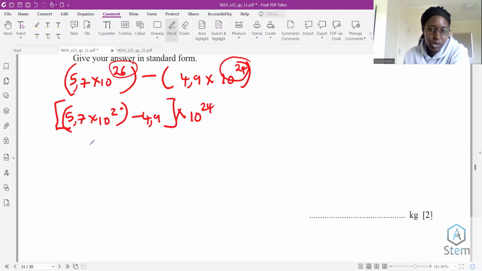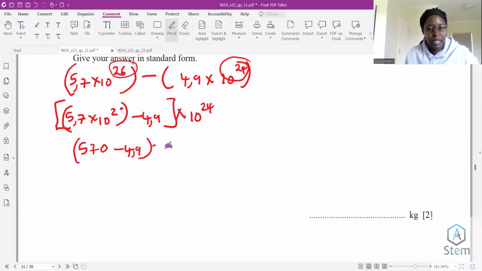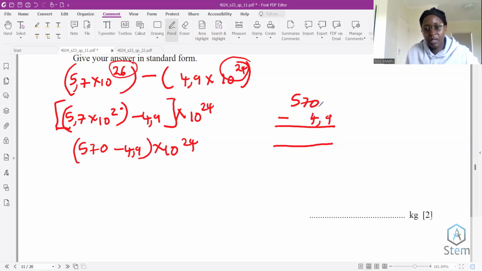Okay. So this is going to give me like 5.7 is the same as 570. Minus 4.9. Then the answer we multiply by 10 to the power of 24. So we can subtract 570 minus 4.9. Okay, so here I can put an imaginary 0, 10, 5 here, 1, 1. So I have 1, that's a 5, that's a 6, that's a 5.